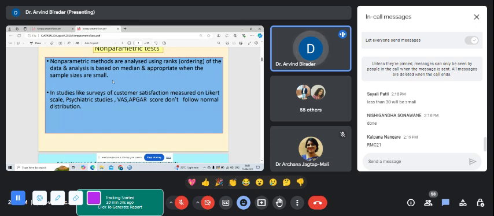A, activity, muscle tone. R, respirations or breathing rate. So these are the tools to measure a particular point. These are useful in the medical field. I'm not going to discuss too much on that one.